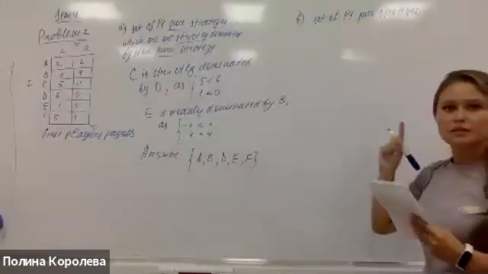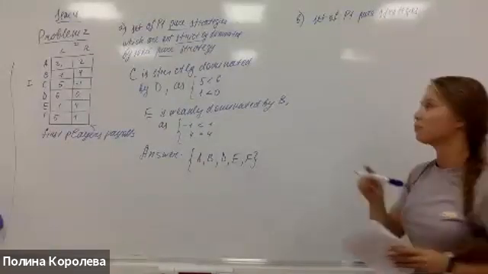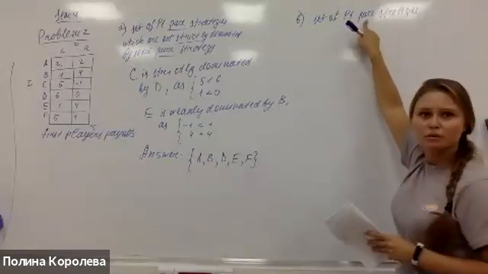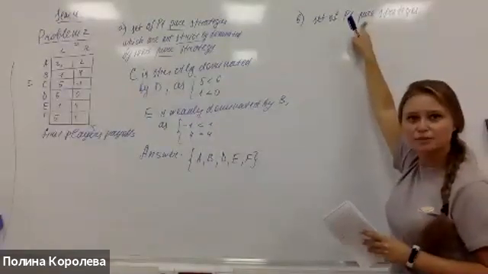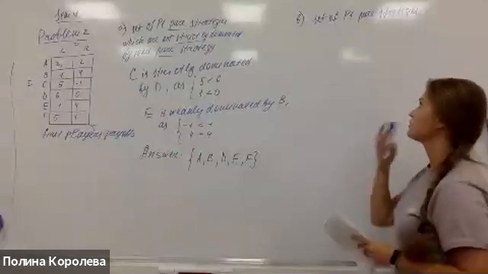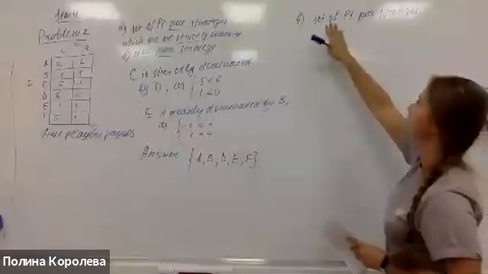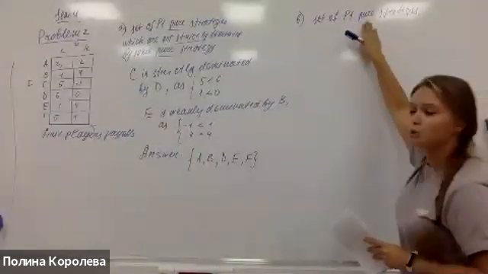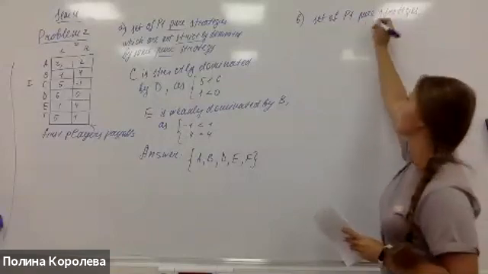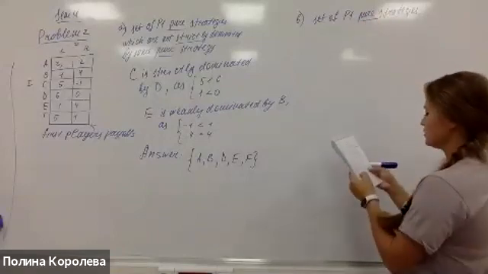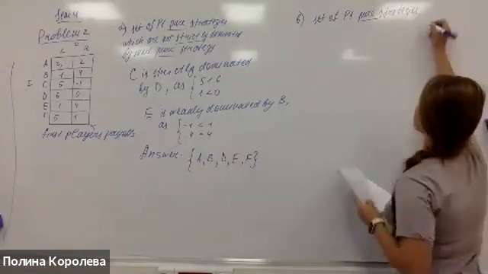Please notice that in your task on Dropbox, there is a typo. You have mixed strategies here, but it's a typo. The right task is to find the set of player one's pure strategies, okay? Here, pure strategies which are not strictly dominated.